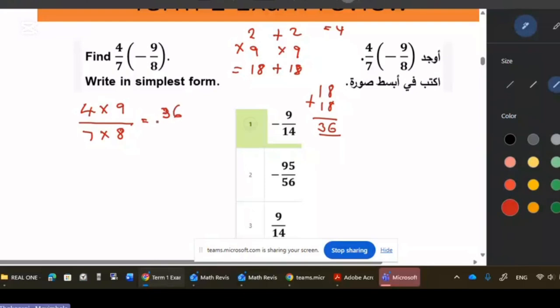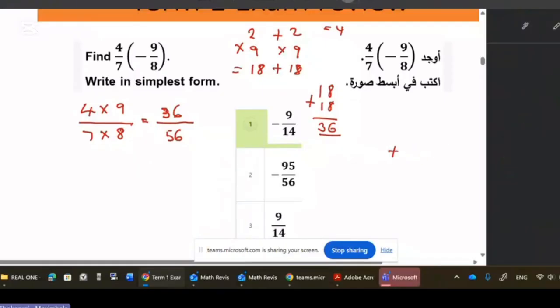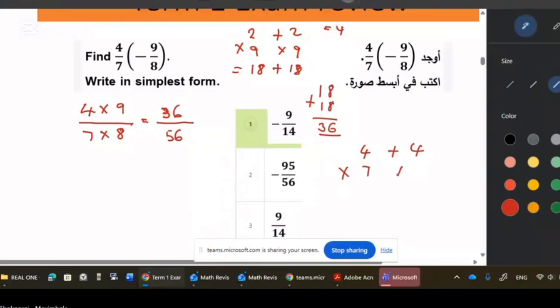All over. What about 7 times 8? We can do the same thing. What is 7 times 8? 56. Those of you who are not sure, you can always separate it like this. You can separate the 8 by 4, which is 4 plus 4, and then you multiply it by 7.